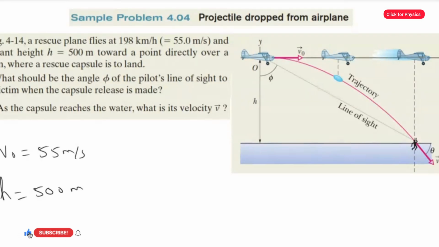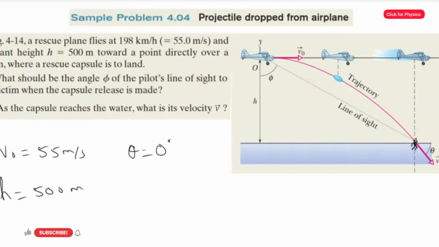Because the flight initial speed is in the same direction towards x, with respect to x the angle which the rescue plane made here is 0 degree. Clear? The angle I just wrote here is not this angle. I'm talking about the rescue plane angle with respect to the x-axis, which is 0 degree.